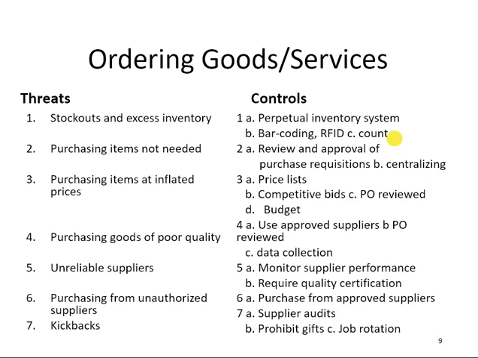To mitigate this risk, we're going to monitor supplier performance, and we're going to require quality certifications. For example, the suppliers need to be certified as meeting international quality standards, such as ISO 9000 and other standards. And in most recent years, suppliers also need to be certified for a lot of other ethical standards.